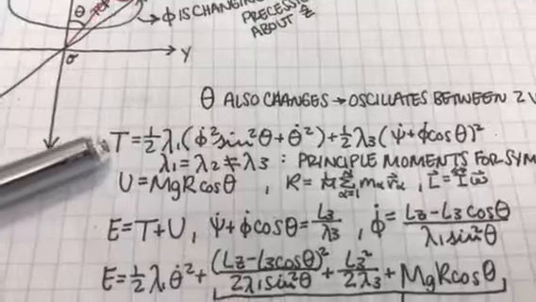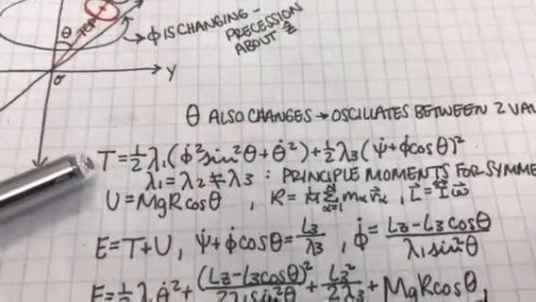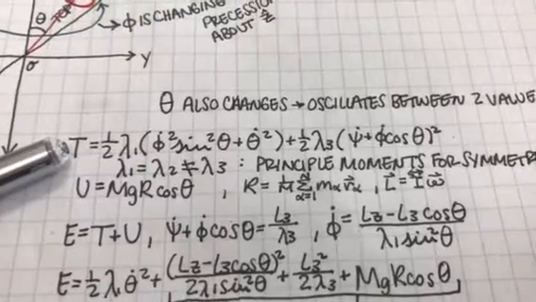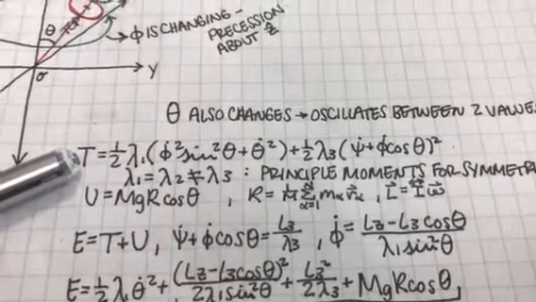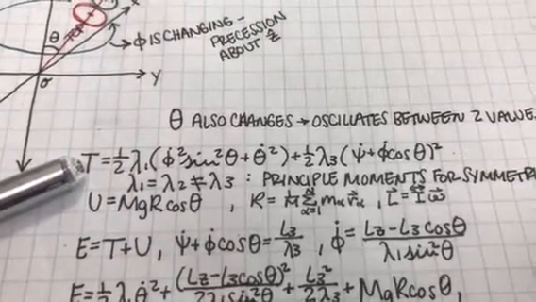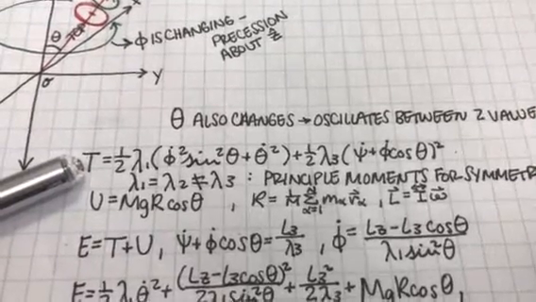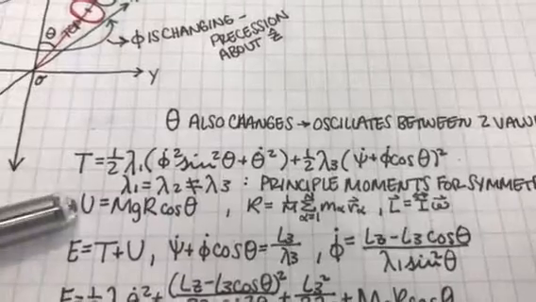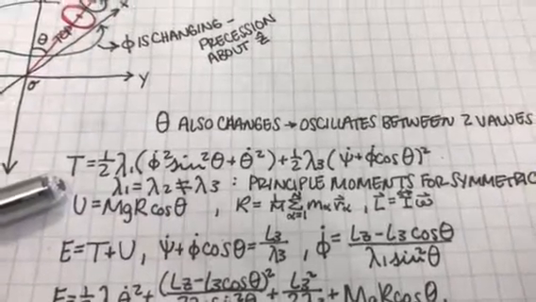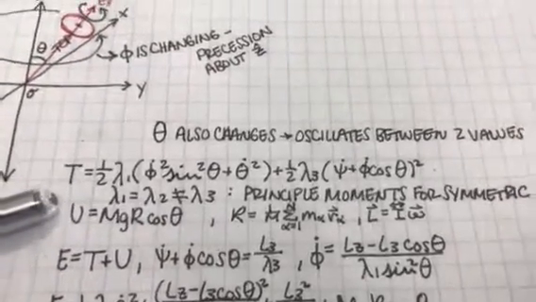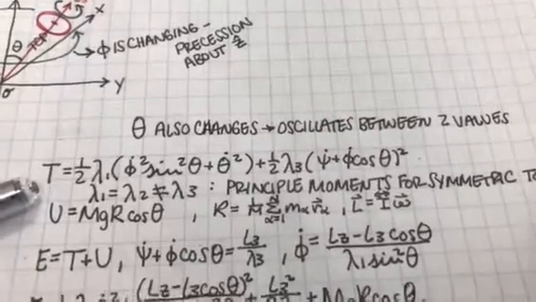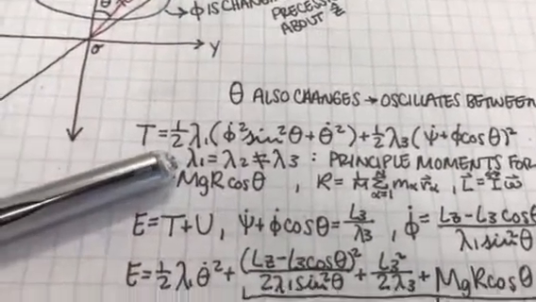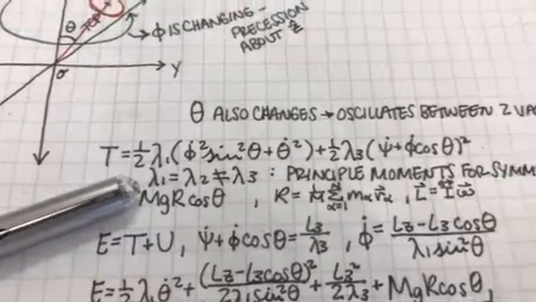T, the kinetic energy, is given by this equation right here. It's equal to 1/2 lambda 1 times phi dot squared sine squared theta plus theta dot squared, plus 1/2 lambda 3 times psi dot, which is the third Euler angle, plus phi dot cosine theta, all squared, where lambda 1 is equal to lambda 2 but not equal to lambda 3.